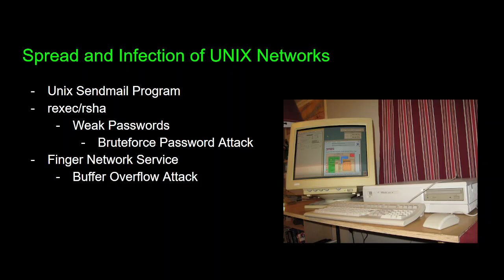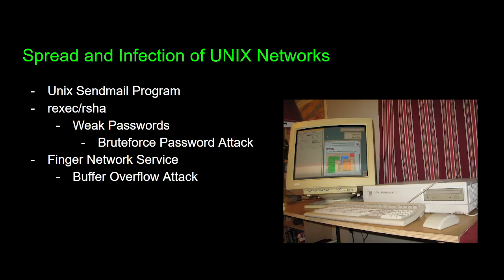And it had multiple methods of entry into these networks, one of which was the Unix SendMail program, which had an application vulnerability which allowed for the Morris worm to execute without authorization.